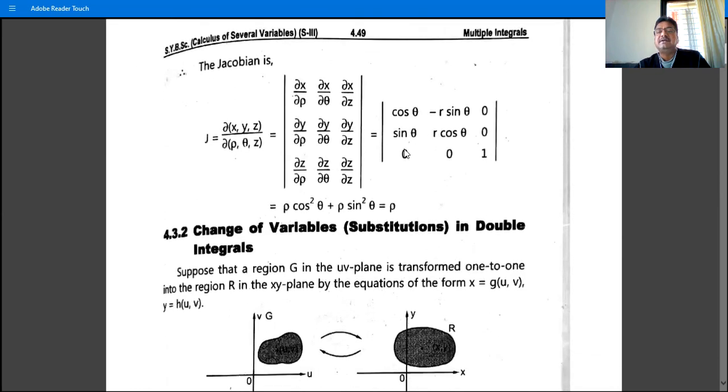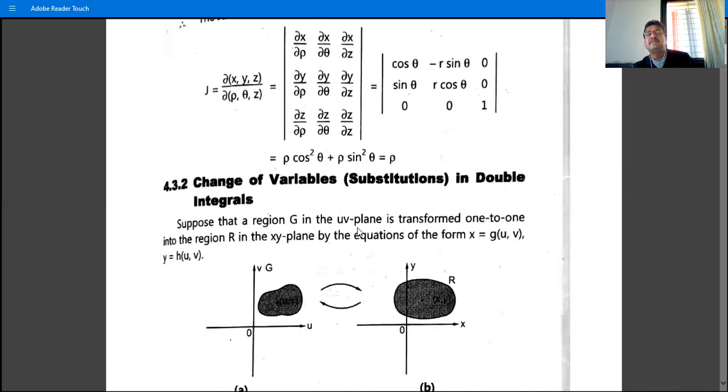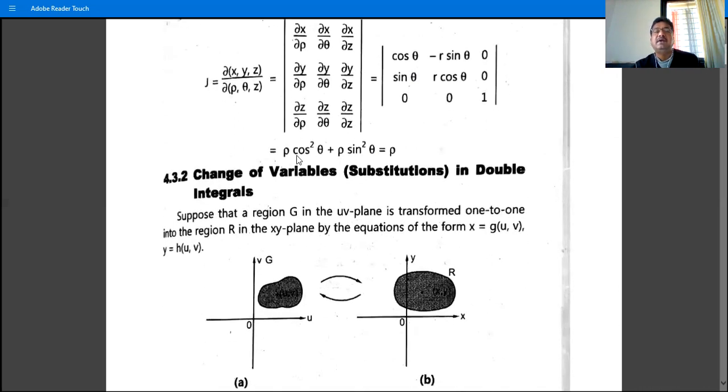So its determinant is rho cos² theta plus rho sin² theta. Expanding: cos theta times this into this minus this into this, then minus minus rho sin theta times this into this minus this into this, and lastly 0 times this into this minus this into this. Finding the determinant, we get the answer rho.